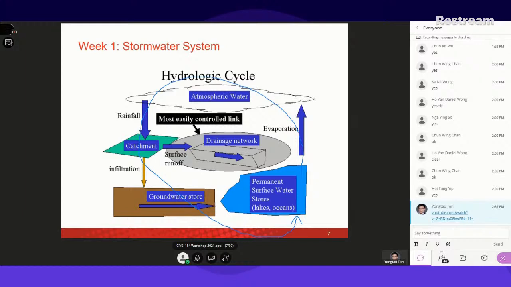For example, as we know, seawater is not drinkable, but through this cycle, after evaporation and rainfall back to the lakes, rivers and groundwater, the seawater is converted to fresh water.